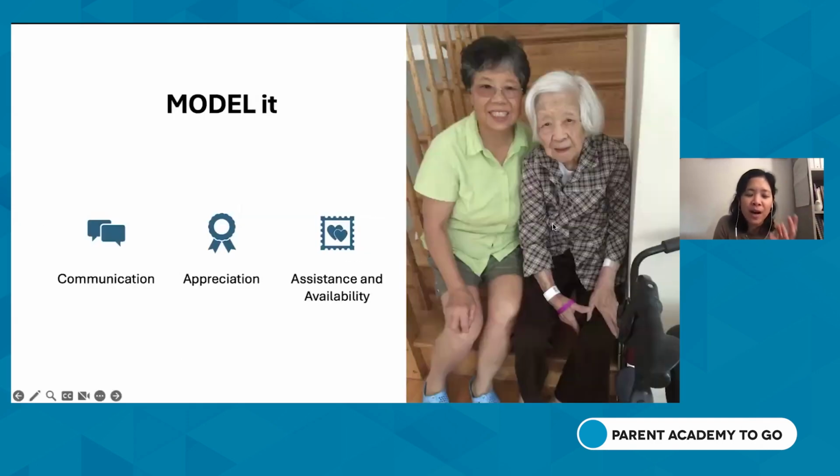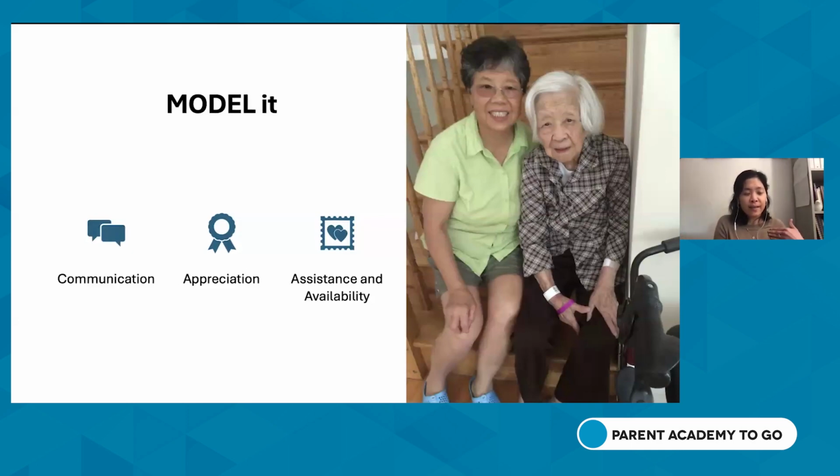What happens when you model? What do we need to do to model and help to foster a strong intergenerational relationship? What do we need to do? We need to show our children good communication. Although it is hard, as a parent, we already have a lot of things to do, but it is so important that when we talk to the grandparent, we are talking not only respectfully, but we're not ignoring them.